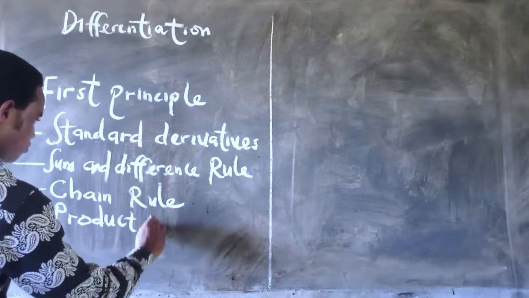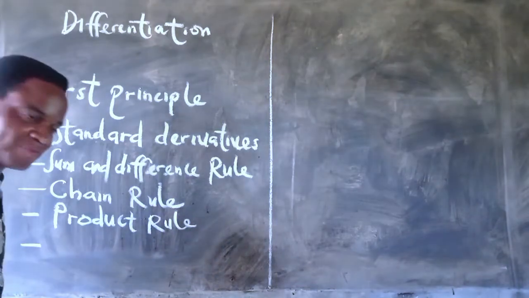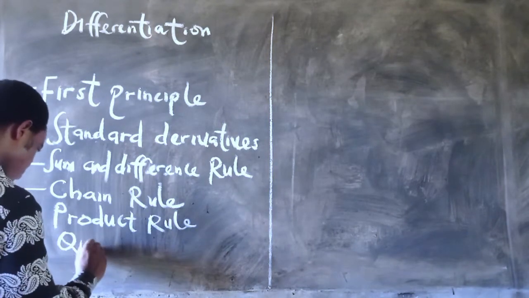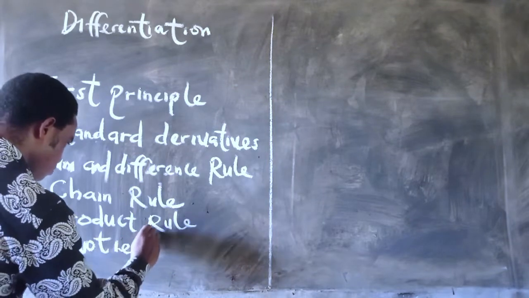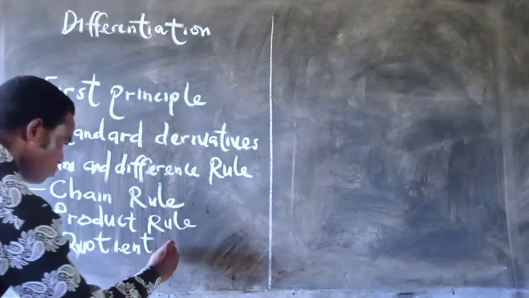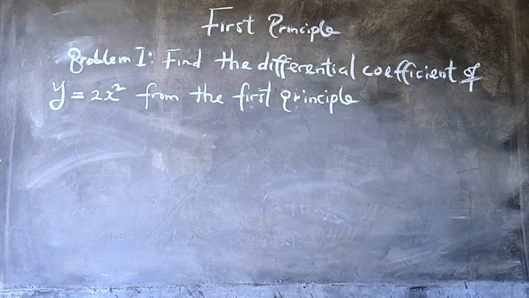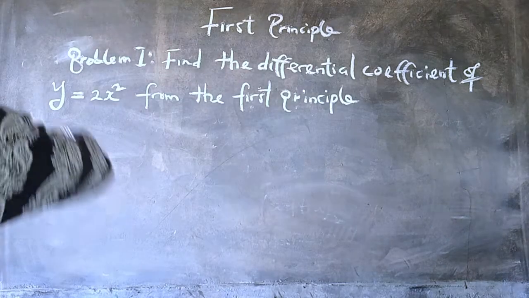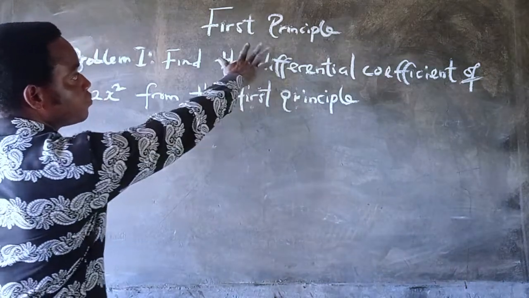Then we'll see problems where the chain rule applies, where the product rule applies, and finally we will see where the quotient rule applies. Now if you wait till the end, we're going to see a problem where none of these apply, instead a combination of all, and we would apply logarithmic differentiation in solving such a problem.